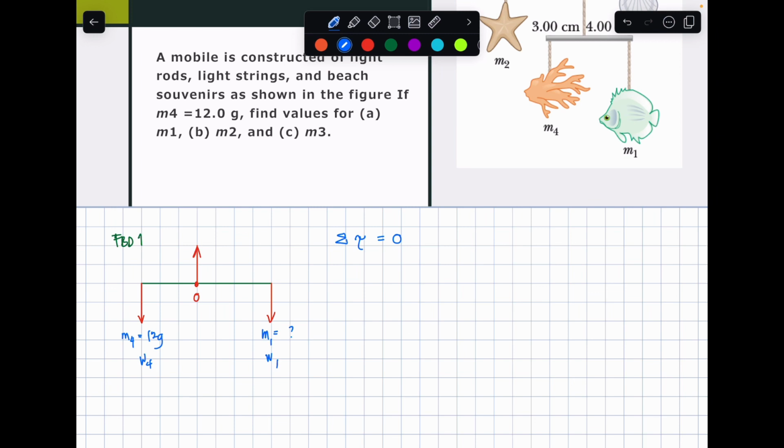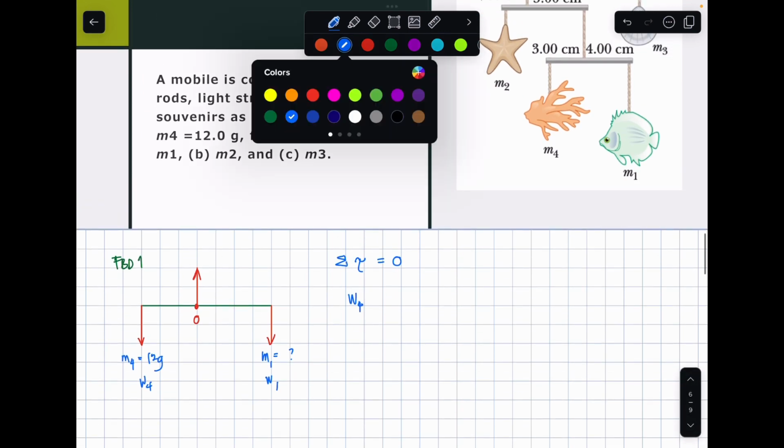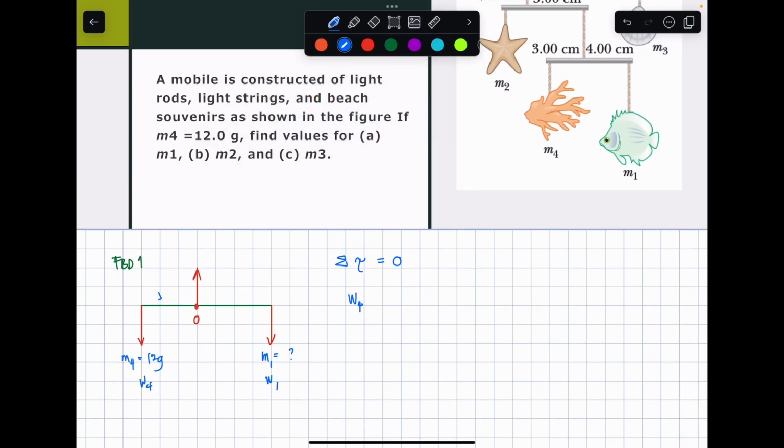The torque would be the weight 4 times the distance, which is 3 centimeters, and this one is 4 centimeters.